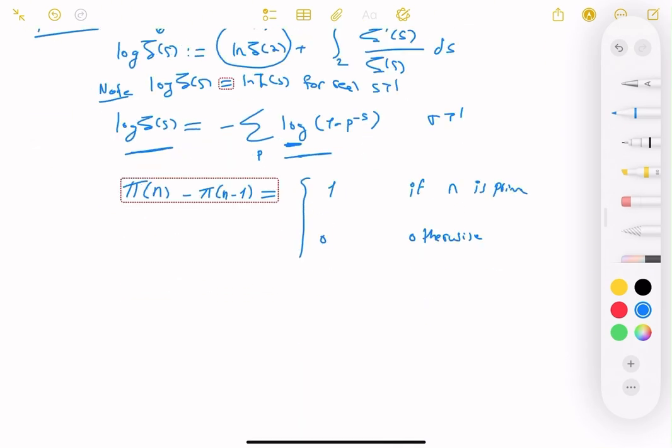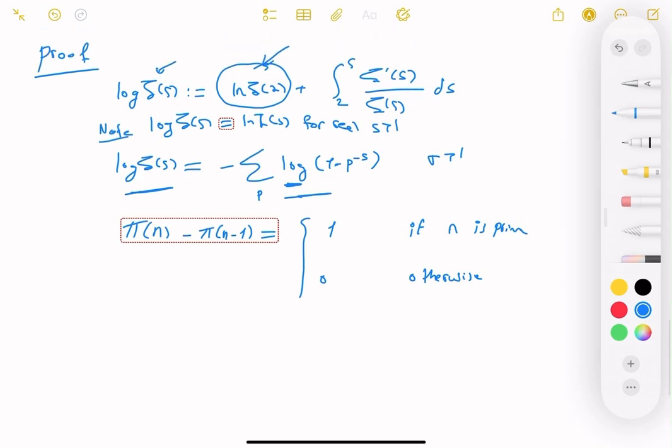That's clear. So this plays the role of the indicator function of primes, and therefore we can rewrite log zeta of s.